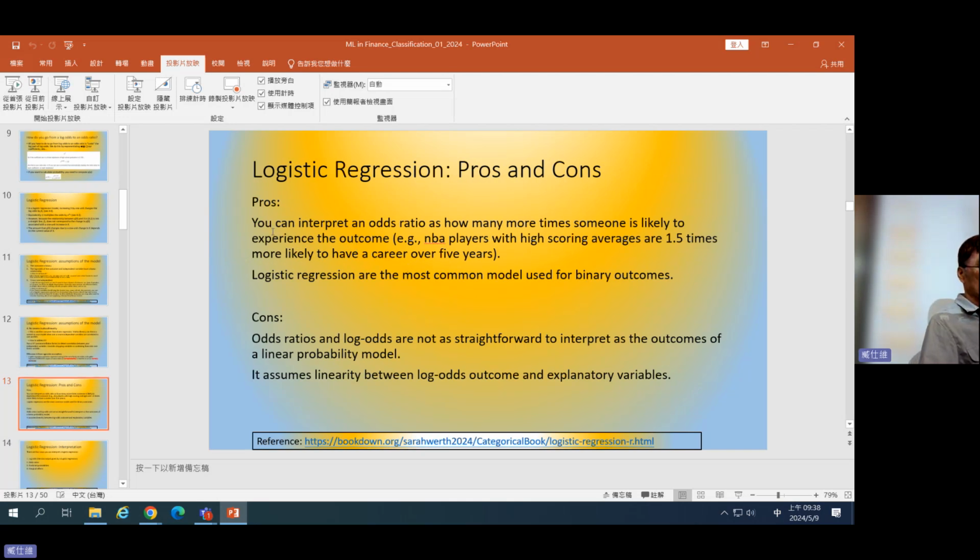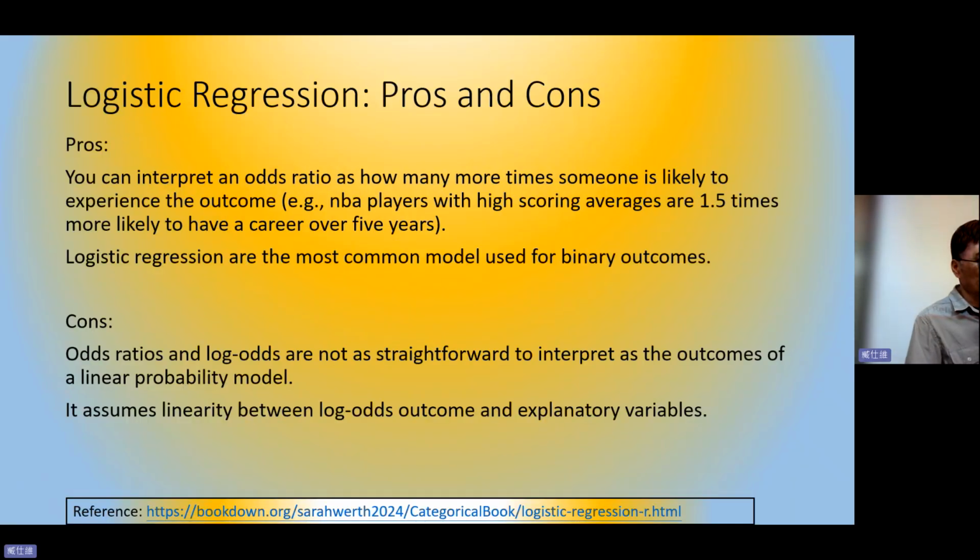And then I also added logistic regression pros and cons. There are some advantages and disadvantages. The pros: you can interpret the odds ratio easily by running the logistic regression, and logistic regression is the most common model used for binary outcomes.